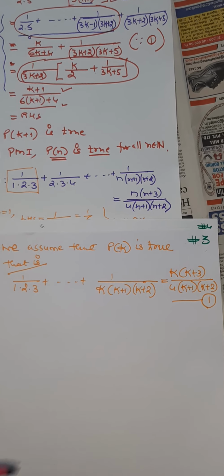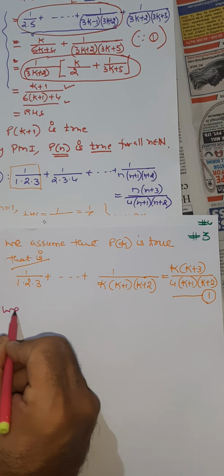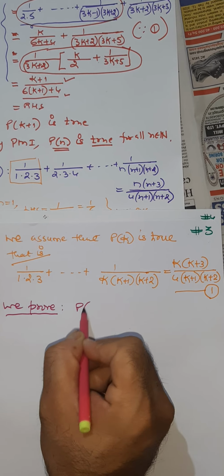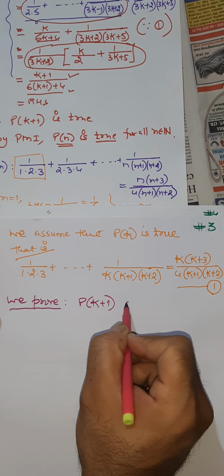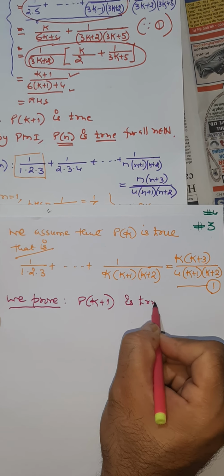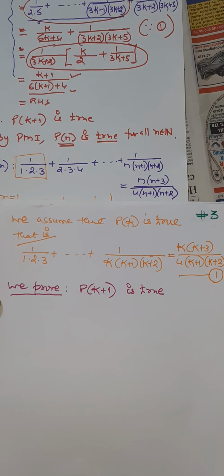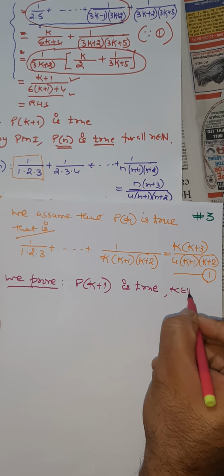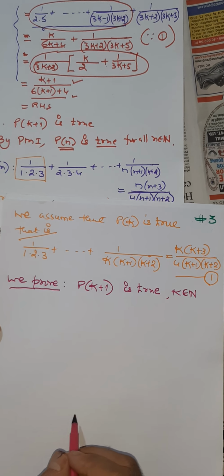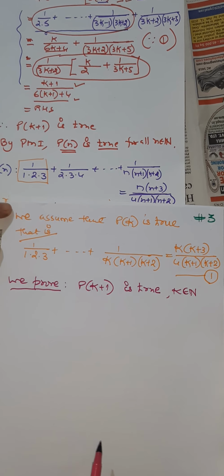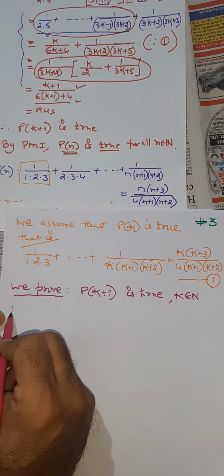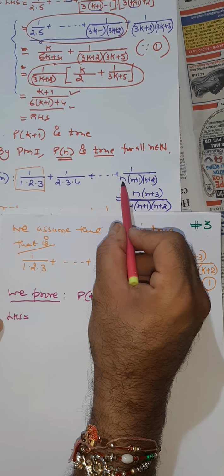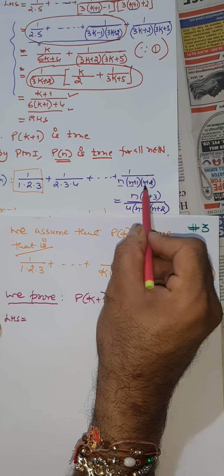Okay. Now the most important part is the proving part. We prove that P of k plus 1 is true. This is what we want to prove. We show that P of k plus 1 is true, where k belongs to N always. Here everything comes from the natural numbers, remember. Okay, so what do we do? We start with LHS, the left hand side. Instead of n, here we are going to write k plus 1, remember.